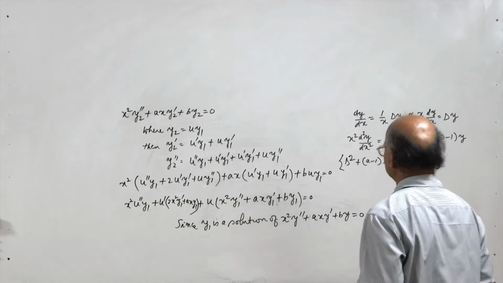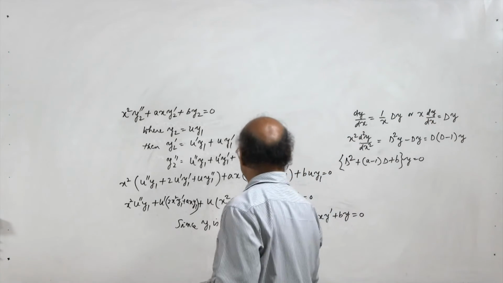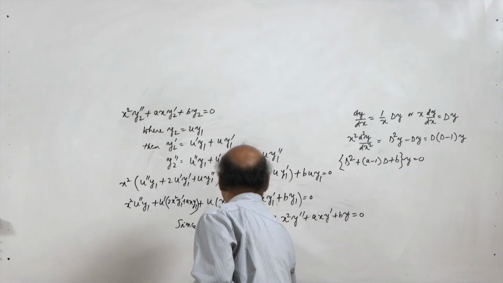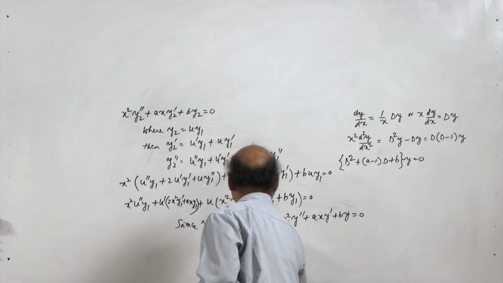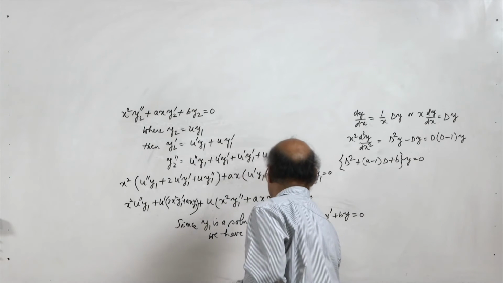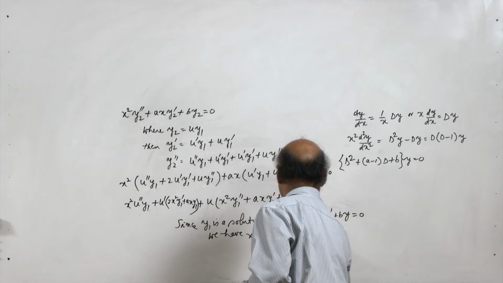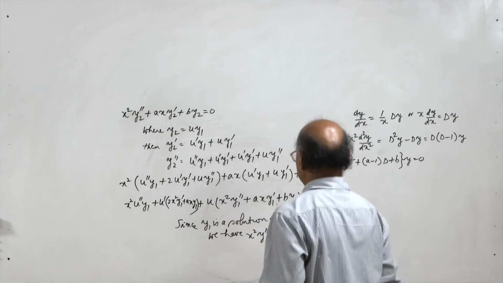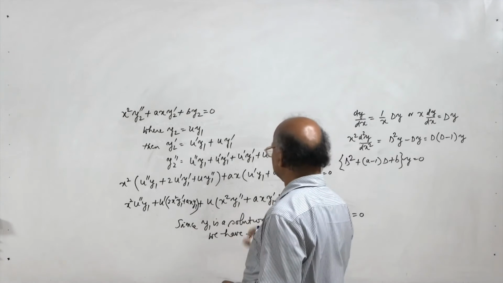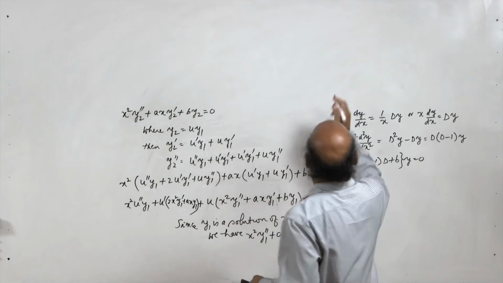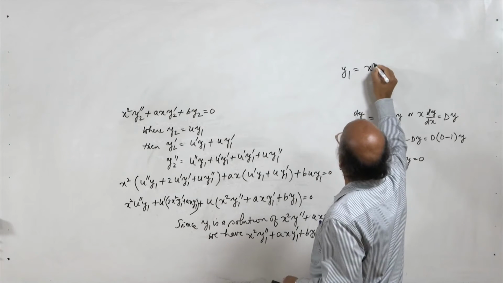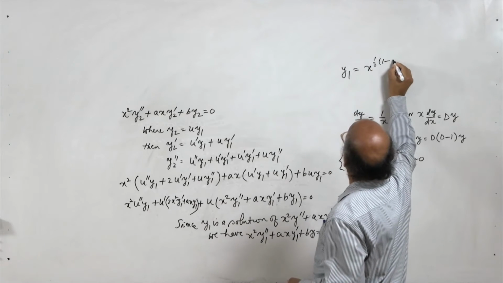Okay, so this term vanishes. Furthermore, y1 equal to x to the power 1 by 2 into 1 minus a.